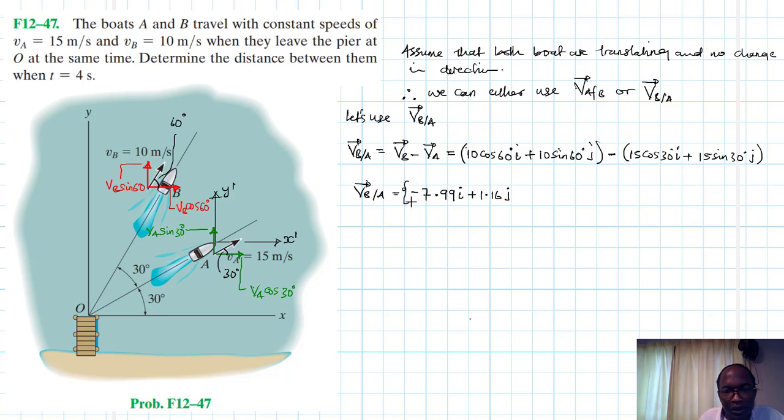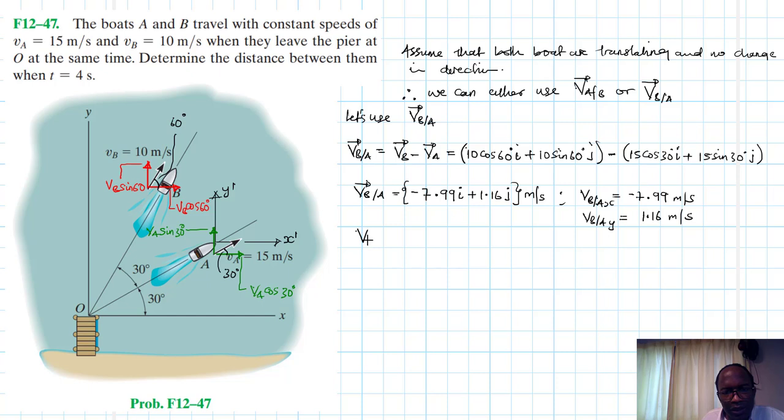So let me close it like so and say meters per second. Our VBAx is equal to minus 7.99 meters per second, and our VBAy is equal to 1.16 meters per second.